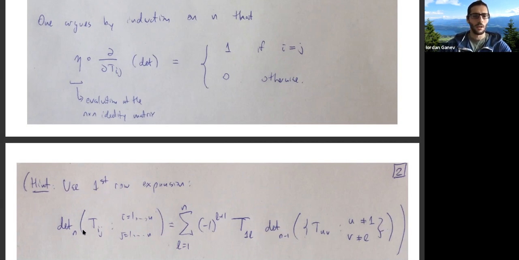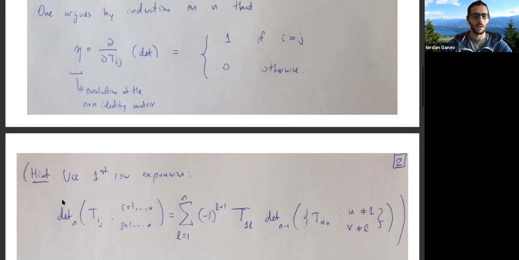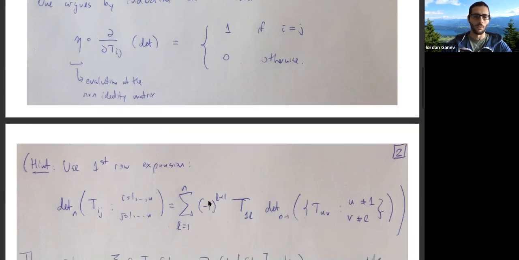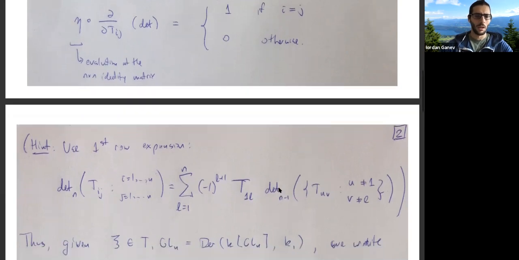So the n by n determinant is given as a sum of T1L times plus or minus 1 times the determinant of the matrix formed by deleting the first row and the Lth column. So if you start with this and you apply this partial derivative and evaluation at the identity, you can verify by induction that this claim is true. So that's the work here.